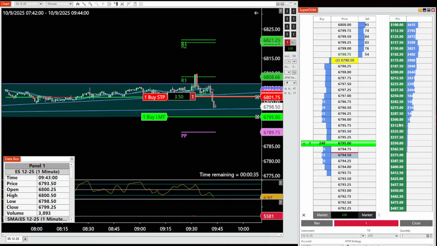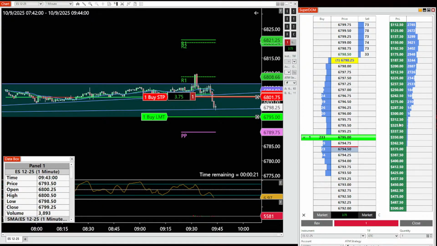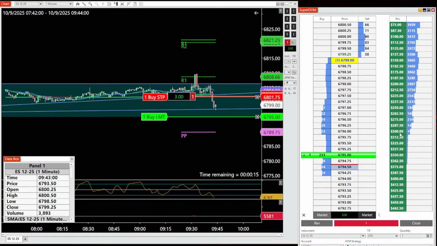That's the trade. Let's see if we can break this trend line. Come on, see if we can break the trend line. That trend line may hold. Sometimes I reach too hard. Sometimes I reach too far.